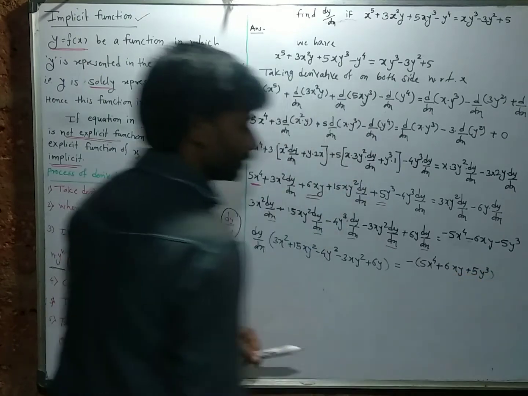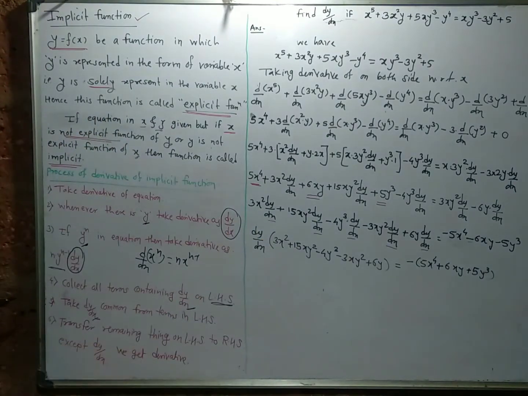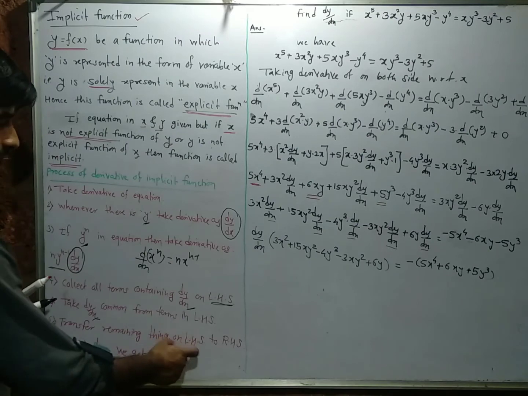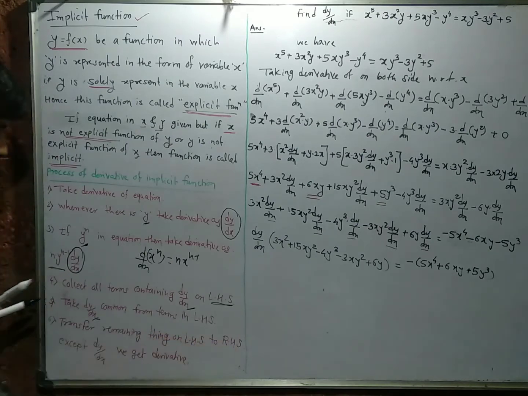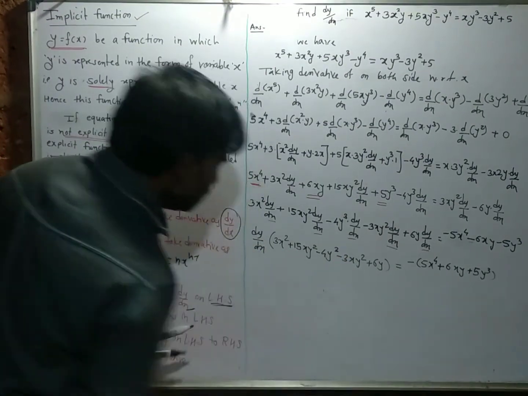And right now, the last step is that the remaining term on the LHS is transferred to the RHS except dy by dx. That means dy by dx remains as it is, and this term is transferred to the right hand side.